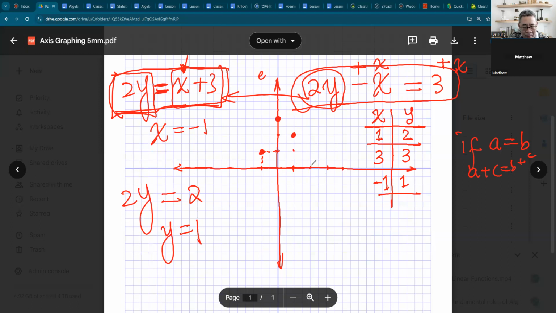Then 3, 1, 2, 3, and it's going up. 1, 2, 3, and that's the intersection. So we know this one is 3 and 3. Good. Now we just need to connect them.